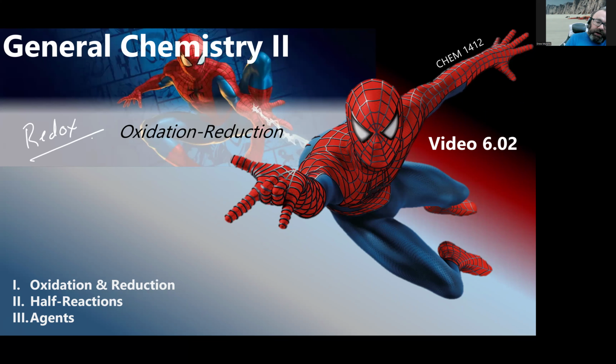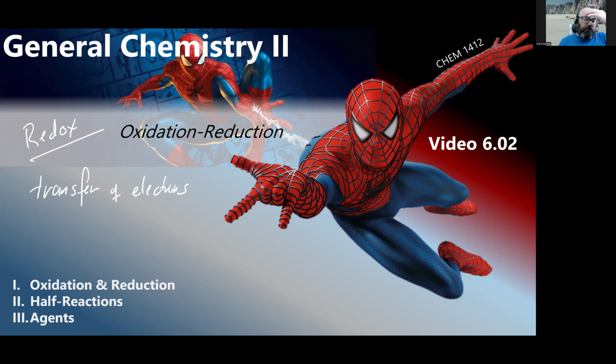Anyway, every redox reaction has a transfer of electrons. So this is why we need our oxidation numbers, our oxidation states, so that we can keep track of where the electrons are and where they were going and all that fun stuff.